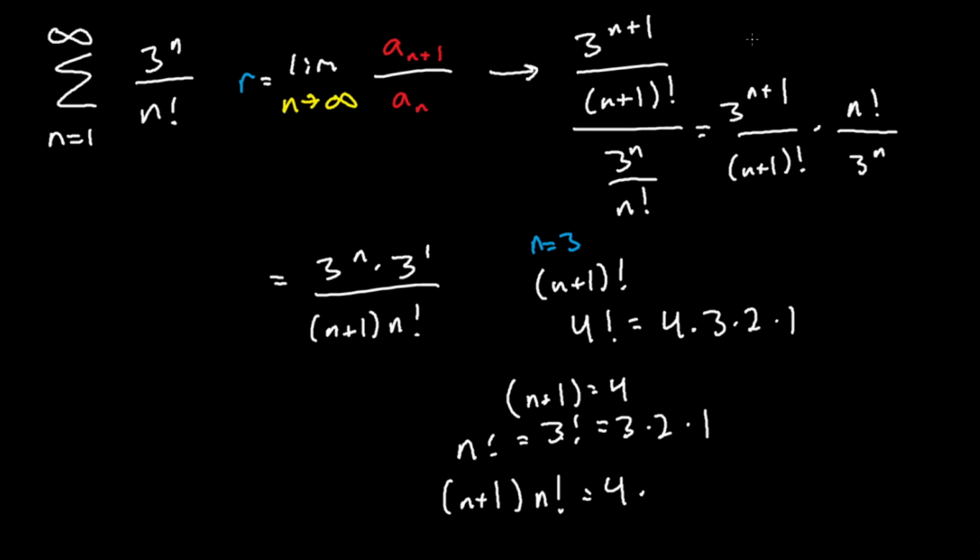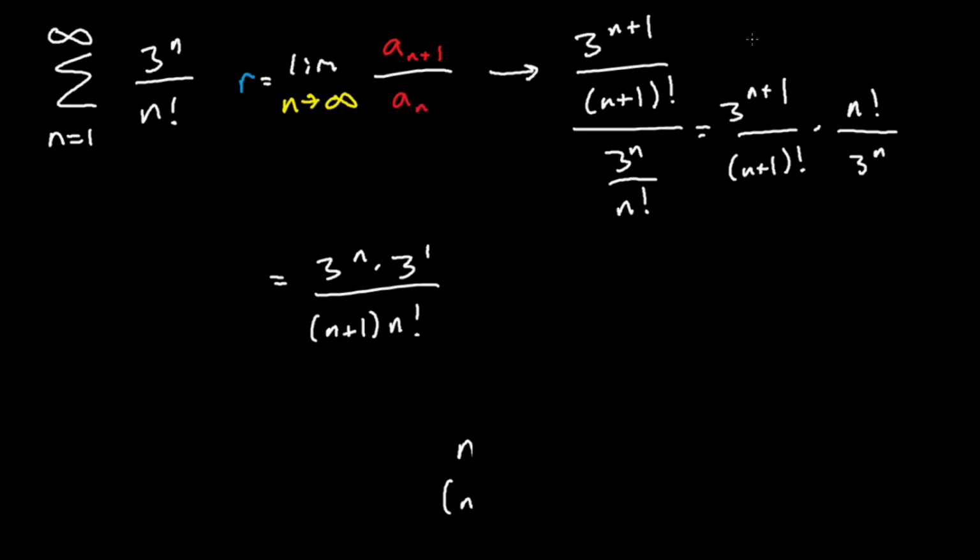And n factorial was equal to 3 factorial, which is 3 times 2 times 1. Due to that logic, (n+1) factorial is equal to (n+1) times n factorial. Now, this was a little confusing for me to grasp at the beginning, so I don't blame you if you don't get that. But really get comfortable with these, because you're going to get something eventually that looks like this. How in the world do you decompose this? I'll cover a problem like that as well in this video, but let's go on with this problem.